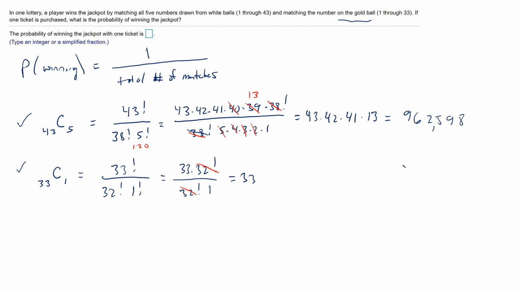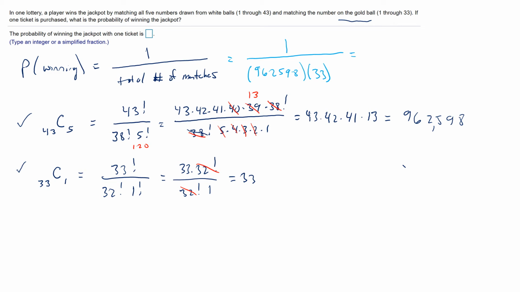All right, so the total number of ways of playing this game would be 962,598 times 33. And I'm only going to buy one ticket, so I only have one chance of winning out of all those.